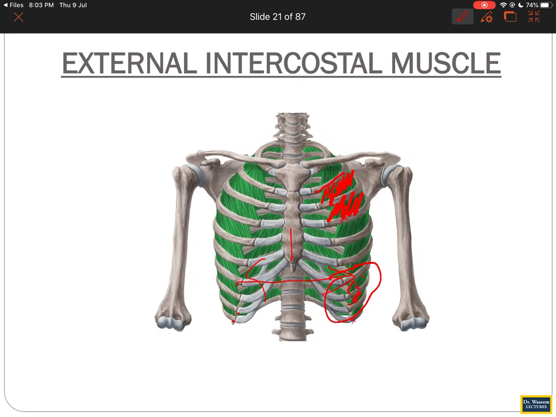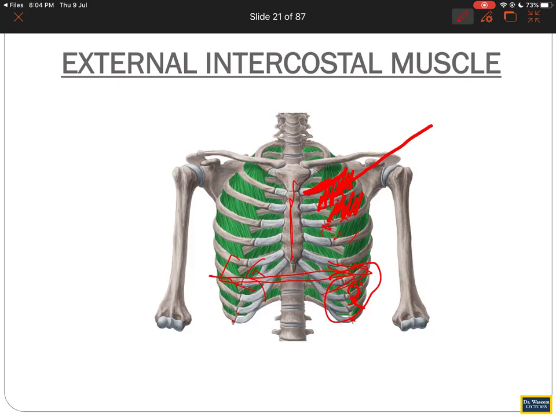When this muscle contracts, it will lift the next rib to which it is inserted. But the lower ribs will go laterally, so the lateral diameter increases due to the contraction of the external intercostal muscle in the inferior intercostal spaces, and the upper ribs will be elevated, and with this the anterior posterior diameter will be much expanded.